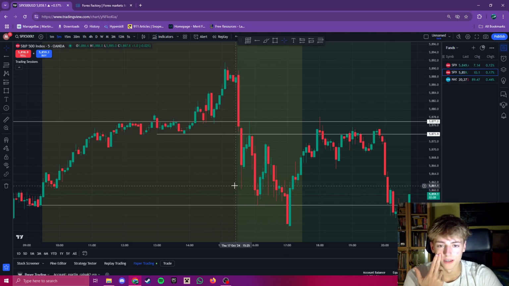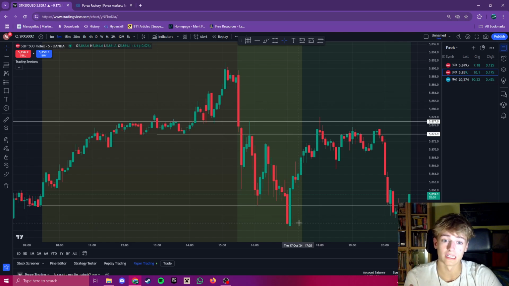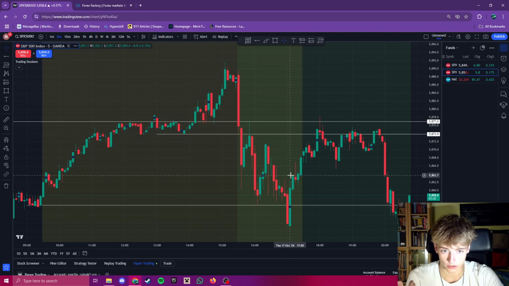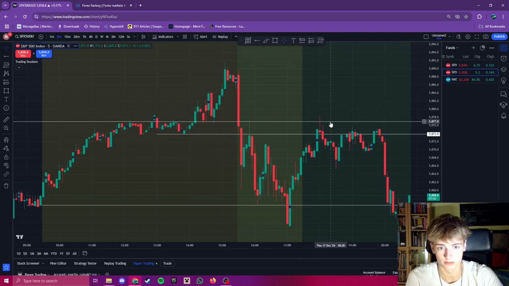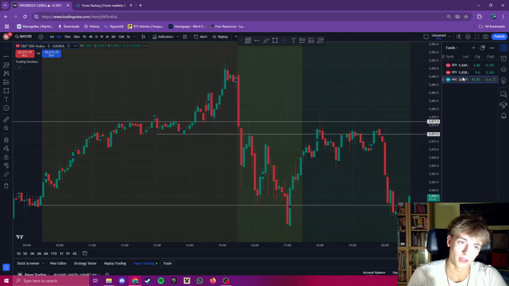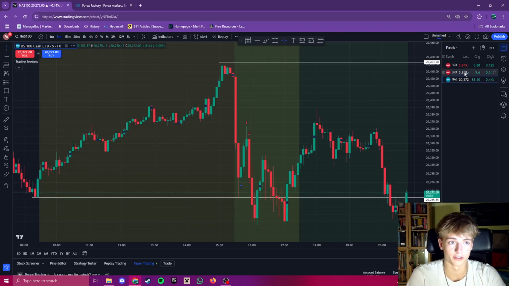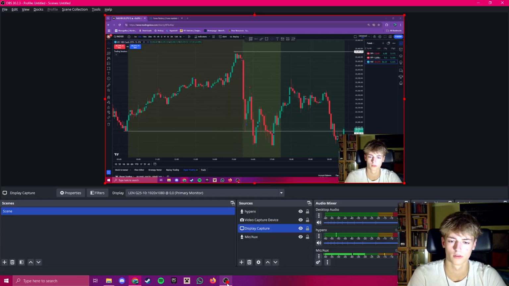But in my mind, S&P still wants to sweep this, so we're not going to see a trend reversal until S&P sweeps this, which is exactly what happened. S&P does sweep it later, then there is a break in structure, and then there is the leg up. I mean, I don't know, bro. I don't understand trading. This is why trading is luck, and why you shouldn't trade, and why you should just gamble.